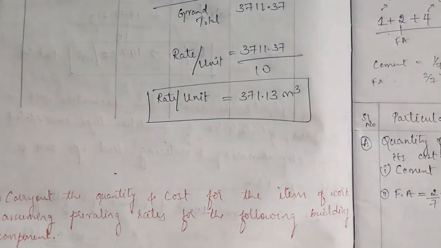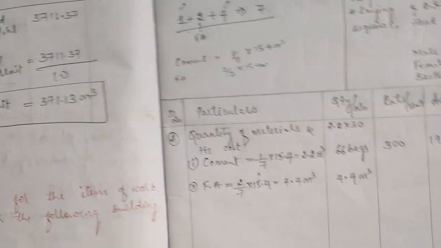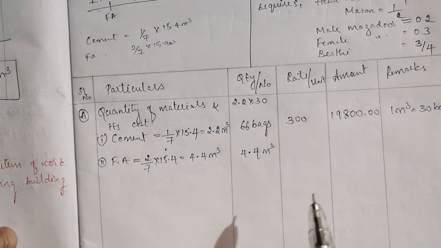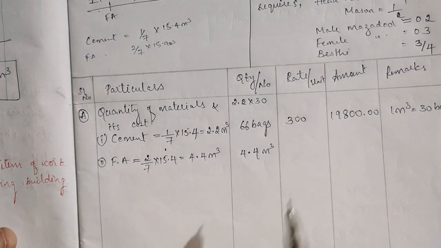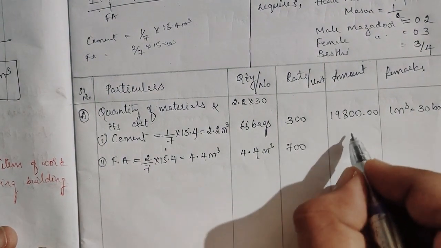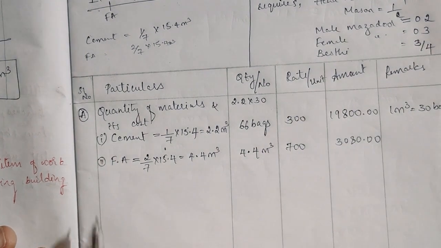And also coarse aggregate, whichever you take, the rate will depend on that. So I'll write the rate directly now. If you want, you can verify. I took the rate from the chart only, which I gave to you. So this is 700. So 3080 we are getting.